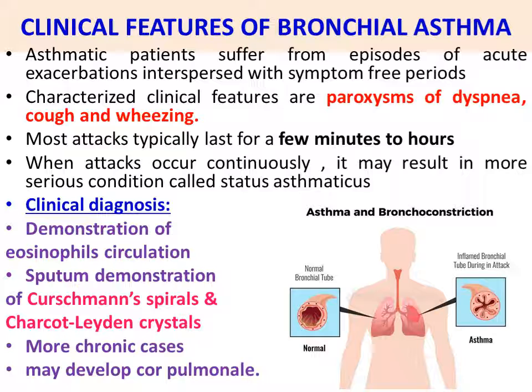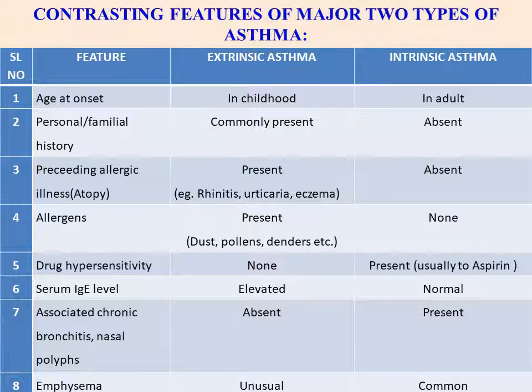Here you can see the difference between normal lungs and asthmatic lungs. Next, the contrasting features of the two major types of asthma, extrinsic and intrinsic asthma. One by one, we can discuss the parameters. Age at onset: extrinsic asthma in children, intrinsic asthma in adults.